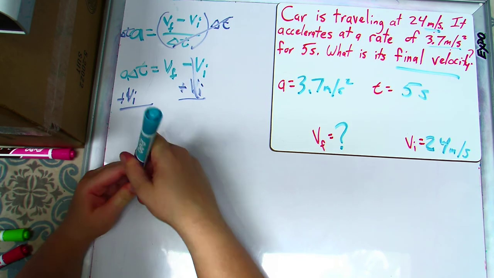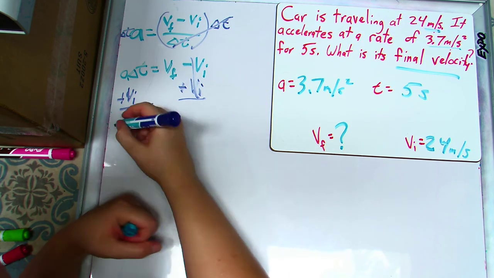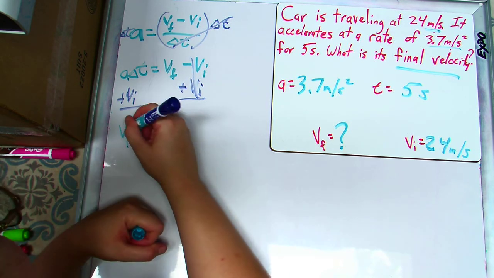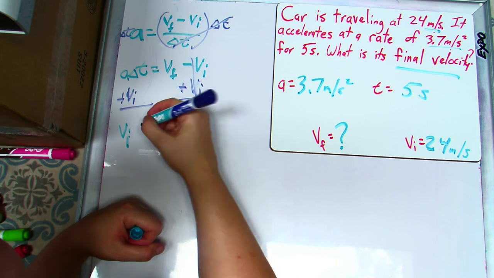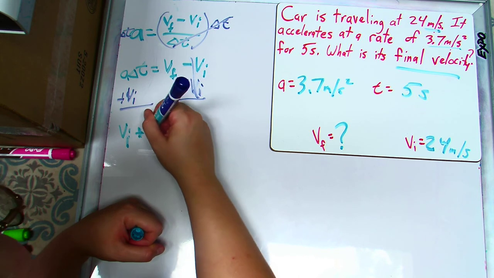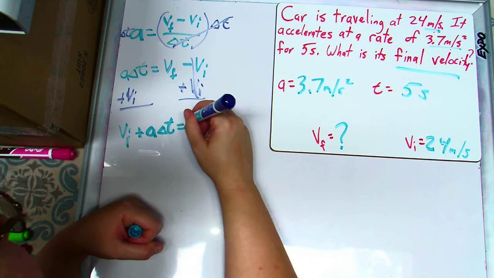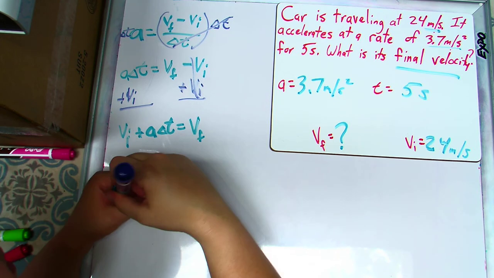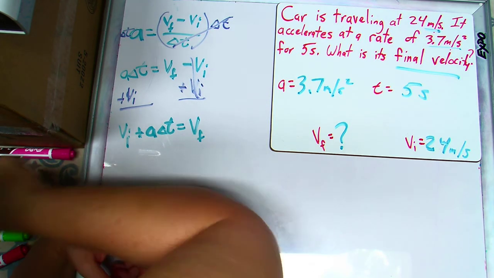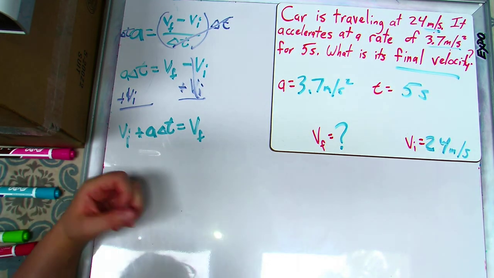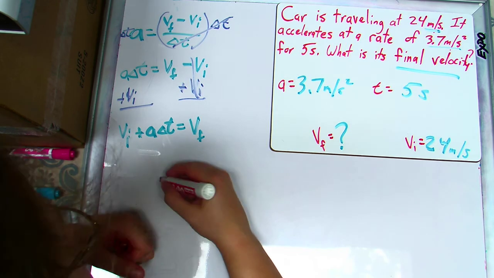We are left with VI, so the initial velocity, plus acceleration times time equals VF. So you got this. Alright, so now let's solve it.